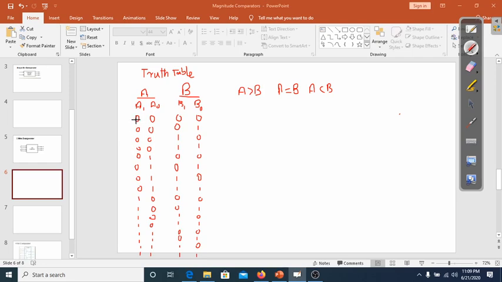So there are total 16 combinations: 1 2 3 4 5 6 7 8 9 10 11 12 13 14 15 and 16.